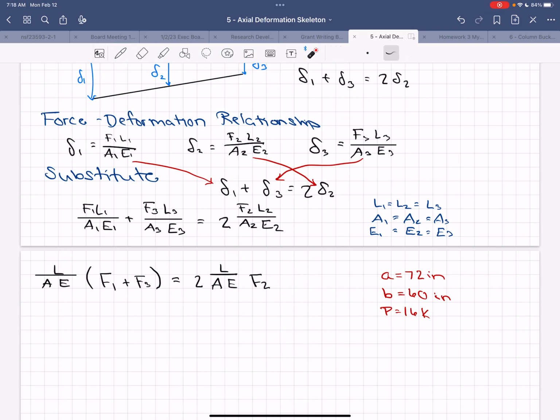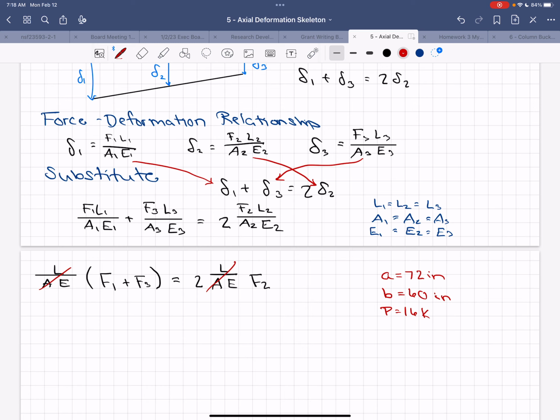Well, we have an L over AE on one side of the equation and an L over AE on the other side of the equation, so they cancel out. That's the beauty of this problem, which makes it a lot easier to solve.